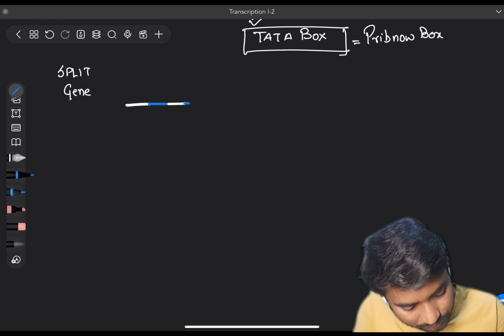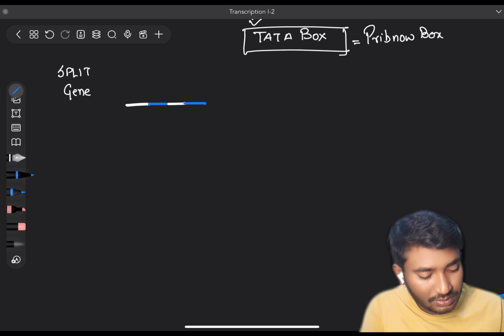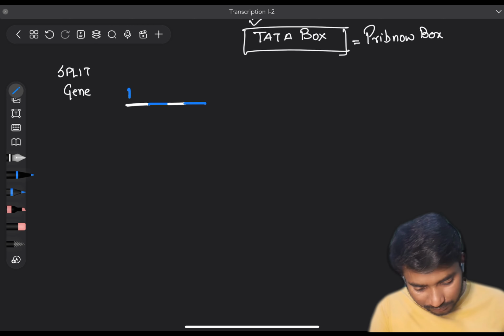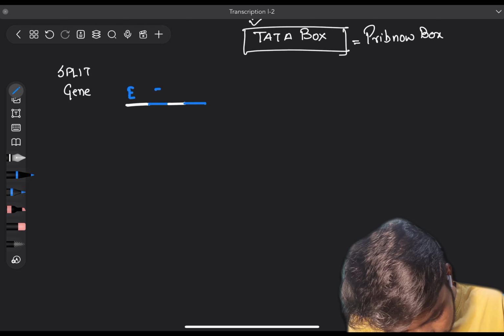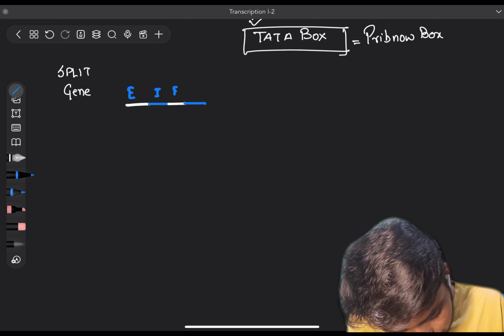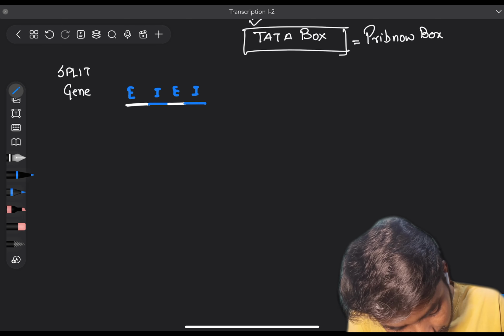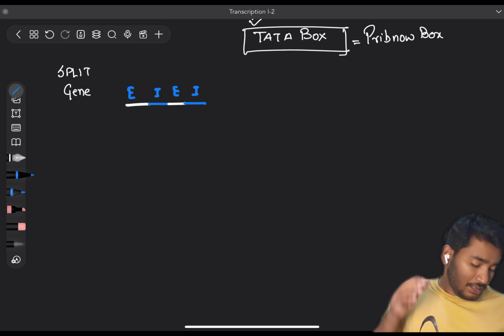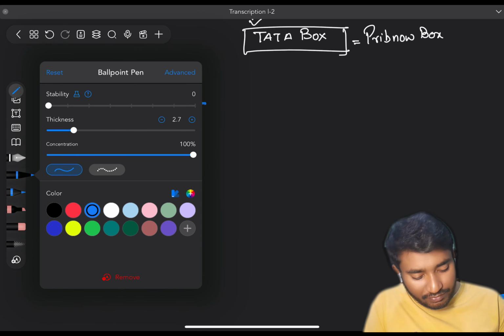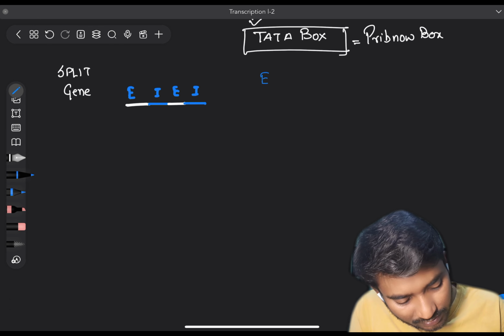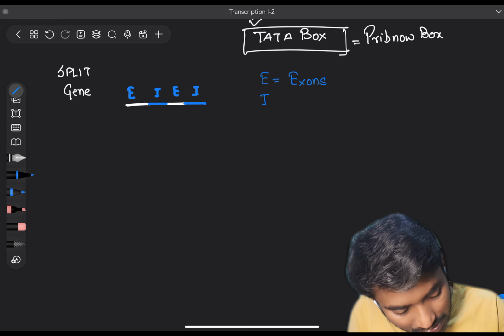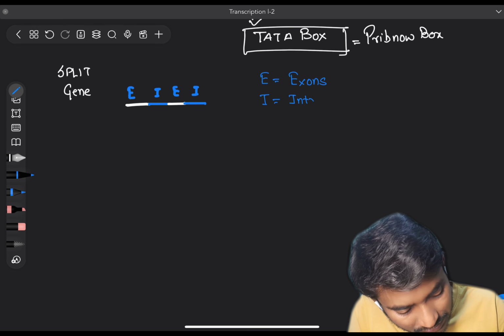This is E, this is I, this is again E, this is again I. So E and I define E for exons and I for introns. E equals exons and I equals introns.